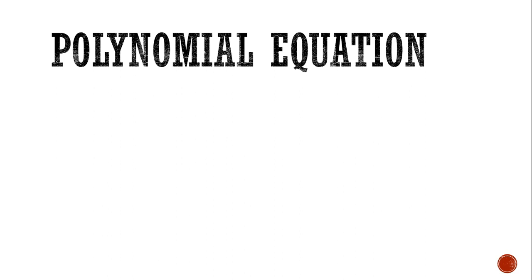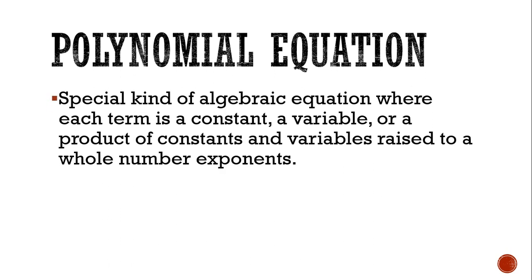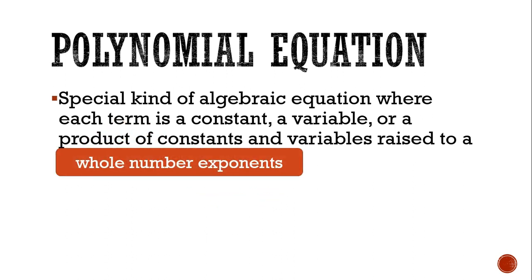Let's continue this video lesson by defining polynomial equation. Polynomial equation is a special kind of algebraic equation where each term is a constant, a variable, or a product of constants and variables raised to whole number exponents. Remember, the exponents of the variables should be whole numbers.